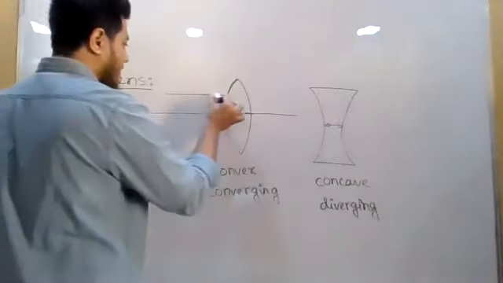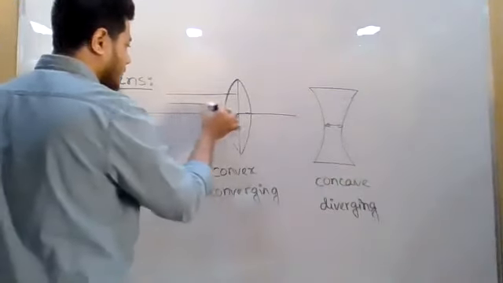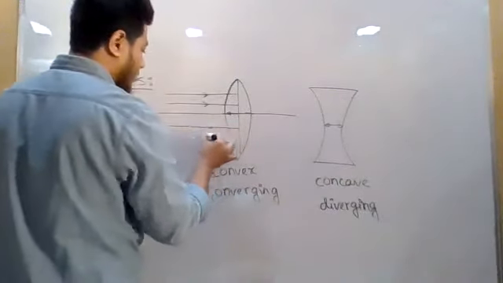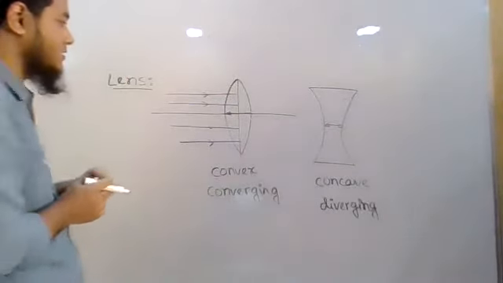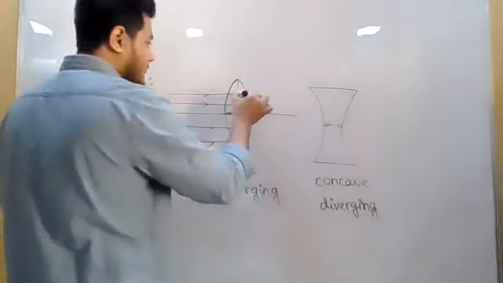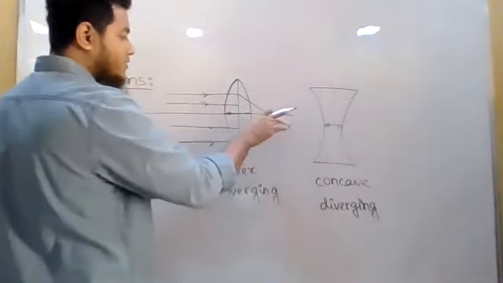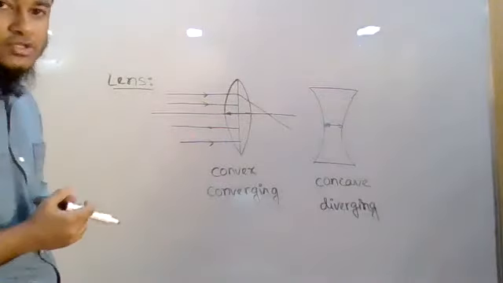If a light ray passes parallel to the principal axis of a convex lens, then what will happen? After refracting, as this is a transparent medium, the light ray will pass through it, right? But refraction will occur. That means a change of direction will occur.